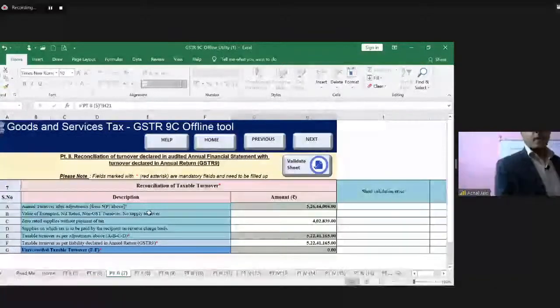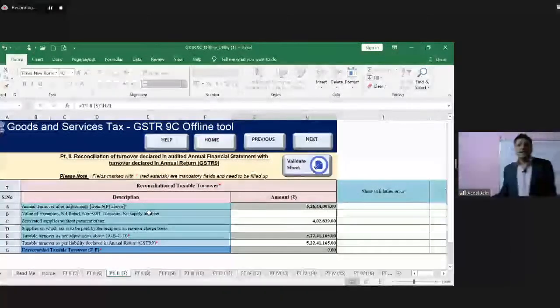Next step will be reconciliation of turnover which is declared in annual financial statements with the annual return in terms of a summary. So the first sheet that we saw covered various details and various reconciling items. Now all of them will come down to a summarized form.